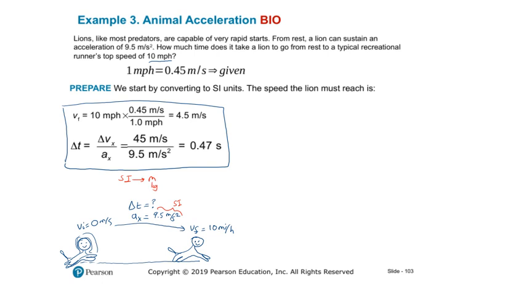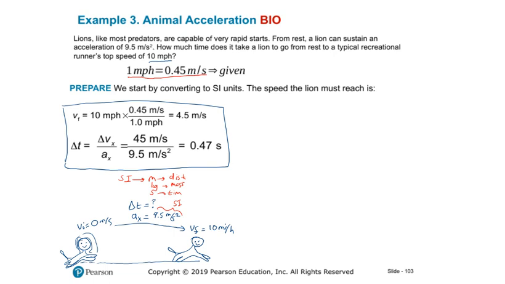All right, so how do we find that? First of all, I want to go with SI units. So I'm going to convert everybody to SI units if they're not. Remember, SI units is meters, kilograms, seconds, right?